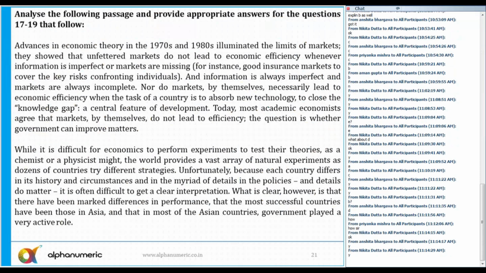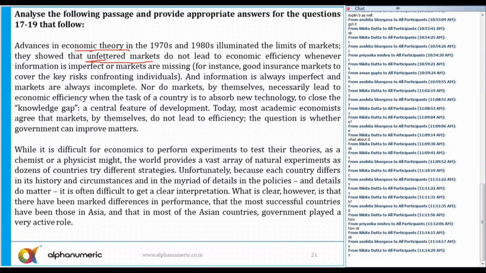Question number 17 to 19 are based on this passage. Now, in this passage, what is he trying to tell you? He tries to tell you that we thought that if we have markets that are unfettered, unfettered means free. When you look at the economic theories, they said that if we have free markets, there's going to be efficiency.